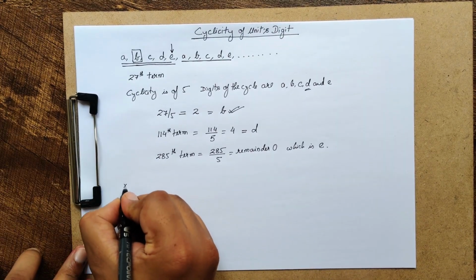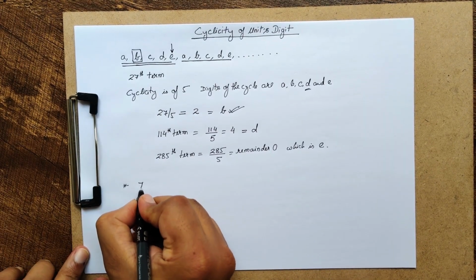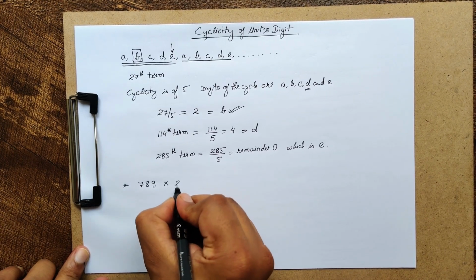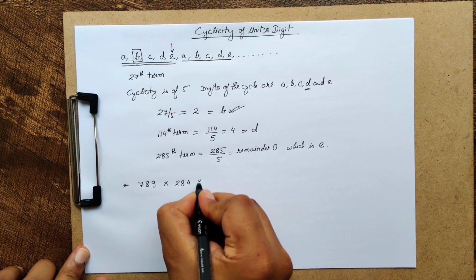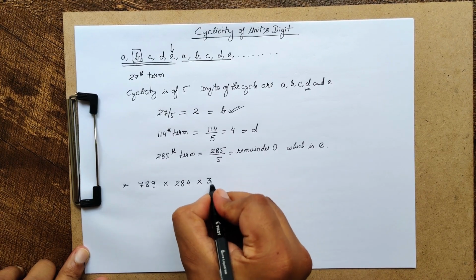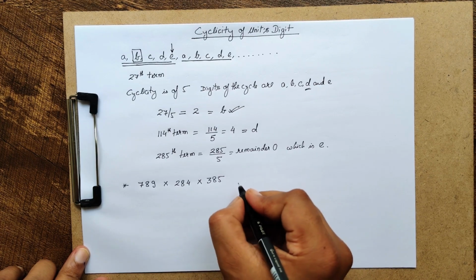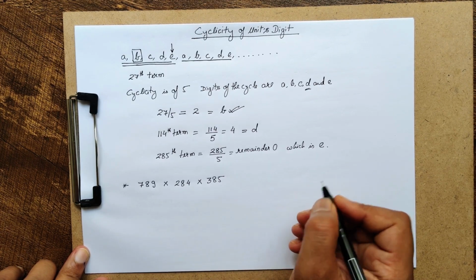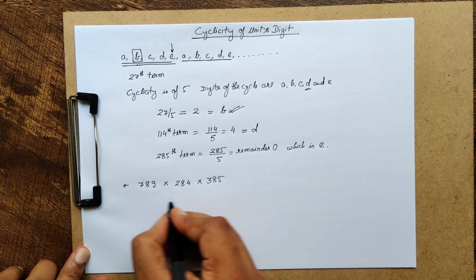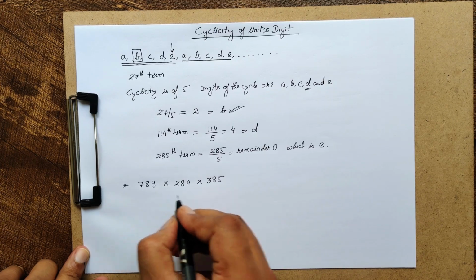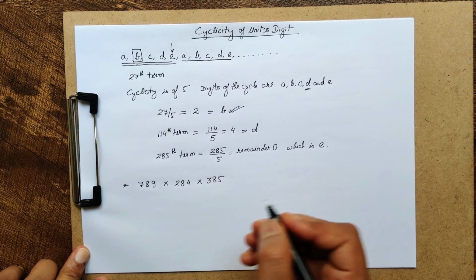There is another question given like this: 789 into 284 into 385, and asked what will be the digit at its units place. So do we need to multiply the entire number? No. Multiplying the digits at the units place will give us the answer.